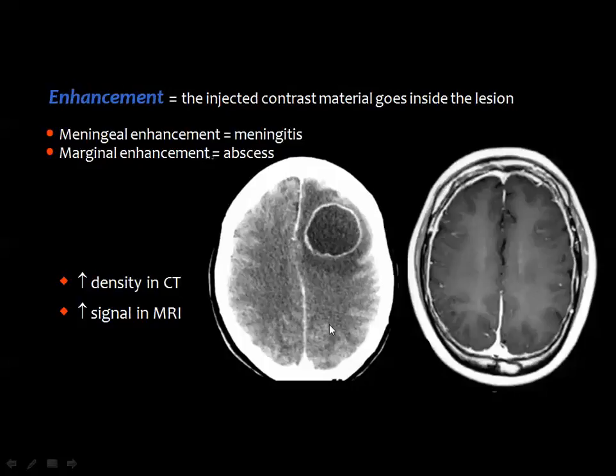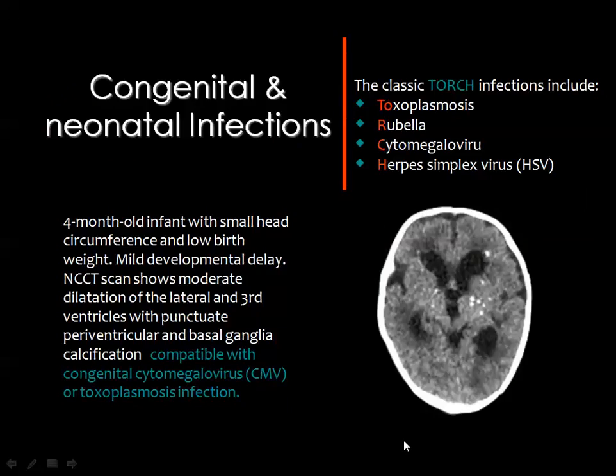Then if you see an intraaxial lesion with a uniform marginal enhancement similar to this one, you may think of an abscess.